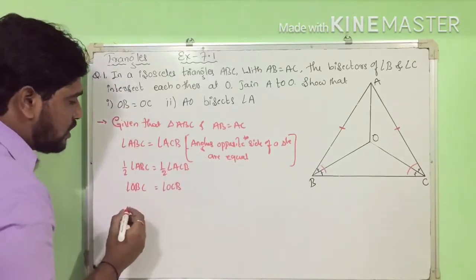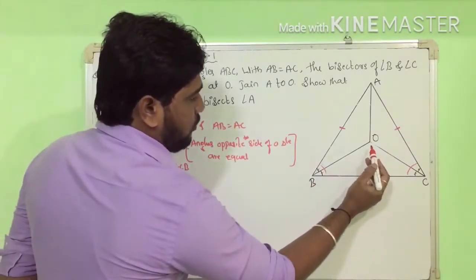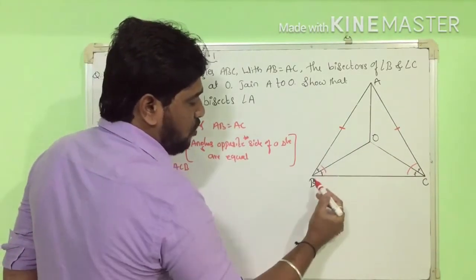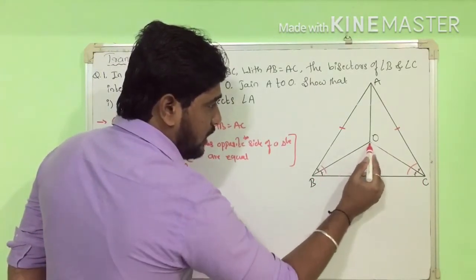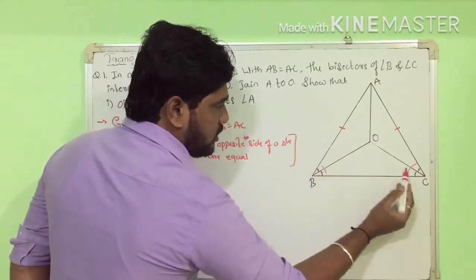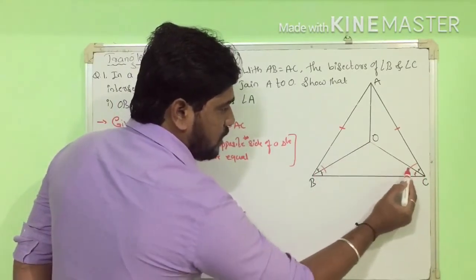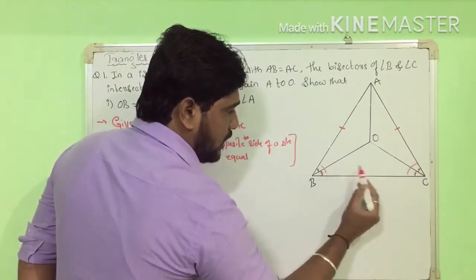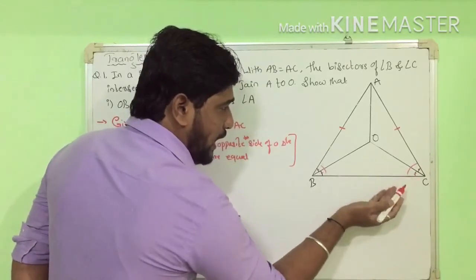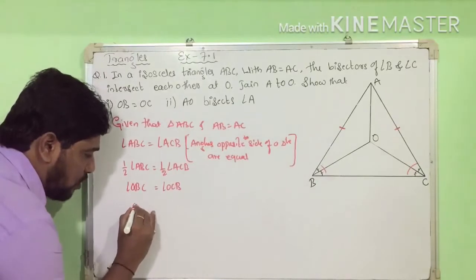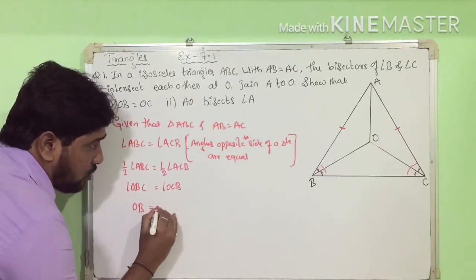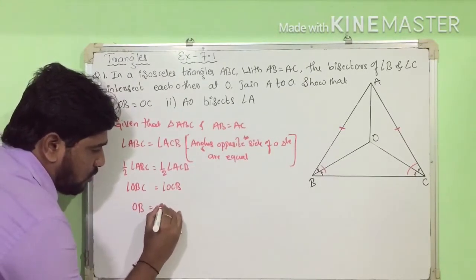So now in triangle OBC, angle OBC is equal to angle OCB. These two angles are equal. It means sides opposite to equal angles are equal. So OB is equal to OC.